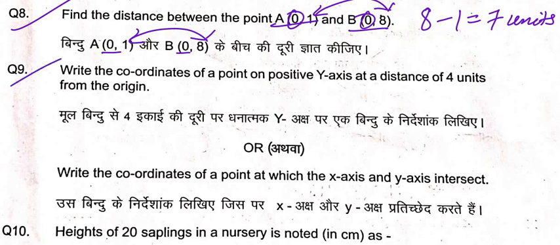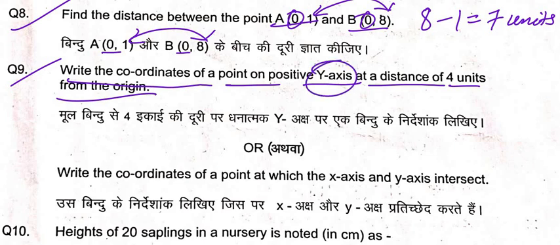Now moving to question number 9. Write the coordinates of a point on the positive y-axis at a distance of 4 units from the origin. See, this is the y-axis.